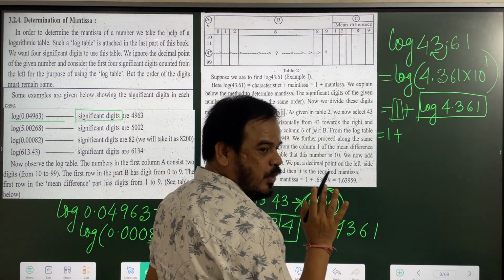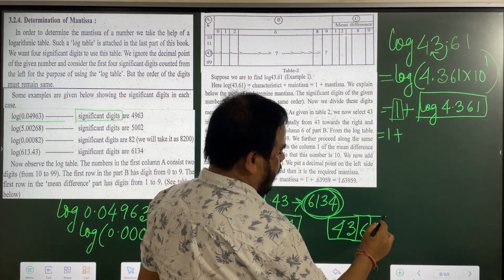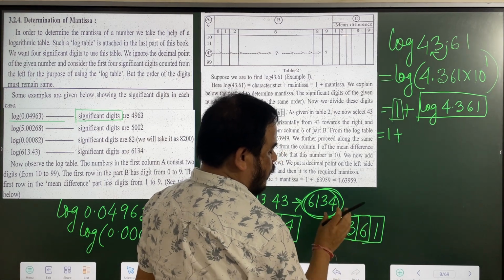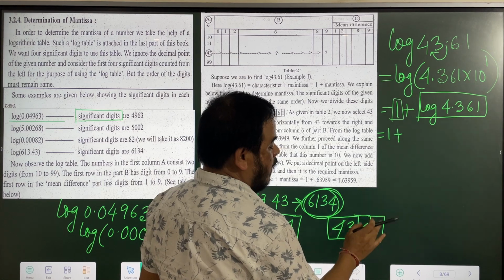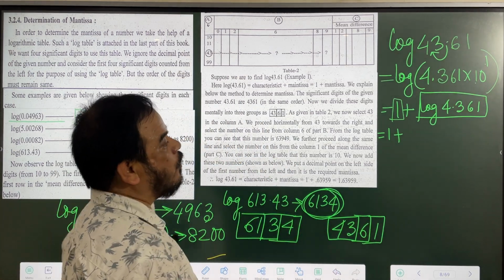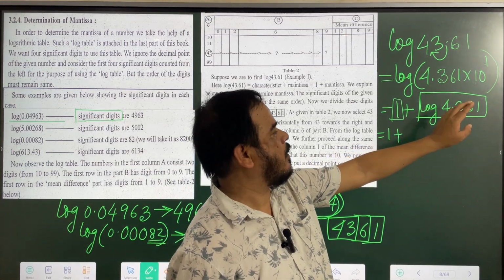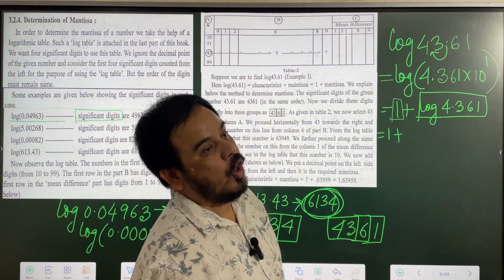4361. We have to make it 3 parts: first part, second part and third part. The first part will be one pair, the second part one single digit, the third one single digit. Now we will find the value of log 4361, forgetting about the decimal, with the help of the log table.